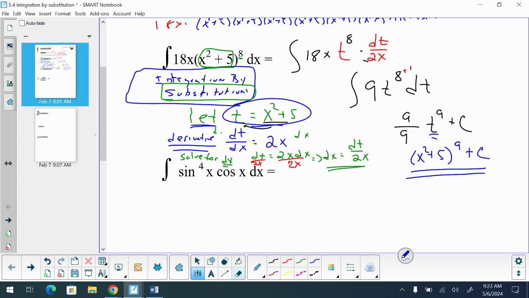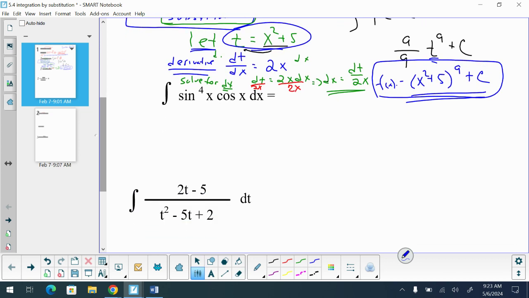Now if I would take the derivative of this, I would come back to 18x times x squared plus 5 to the 8th. Take the derivative of my constant, that goes down to a 0. So that c could be a value of 0 also. Allows us to go back to where we started. Integration by substitution undoes your product rule. Not product rule.